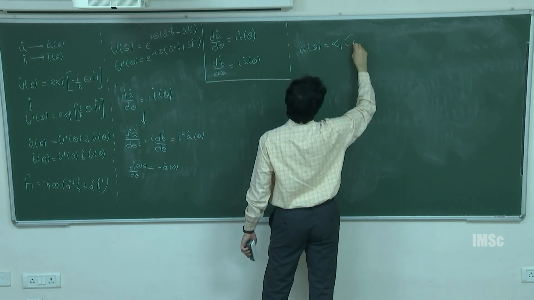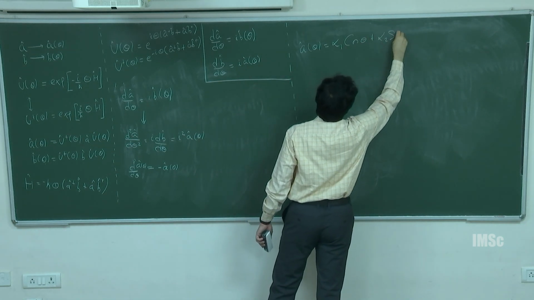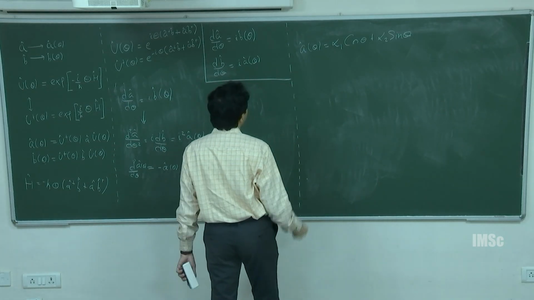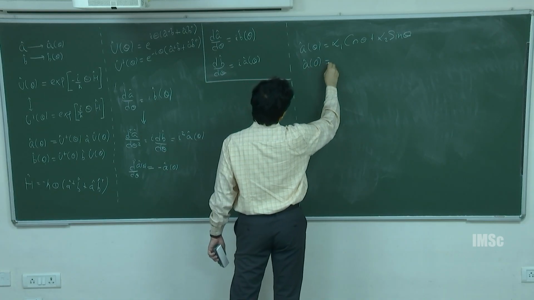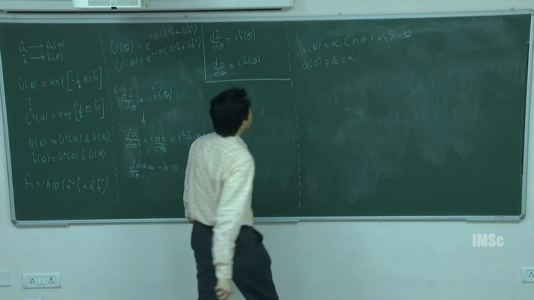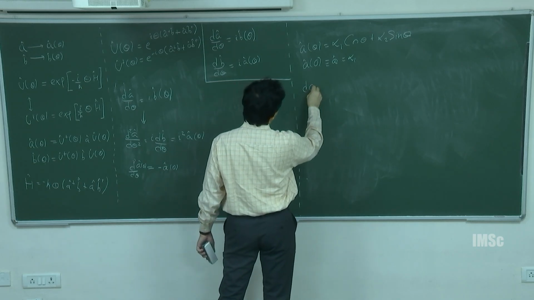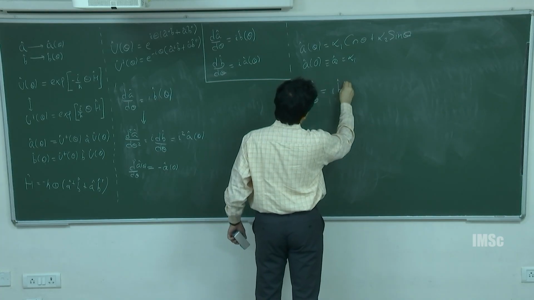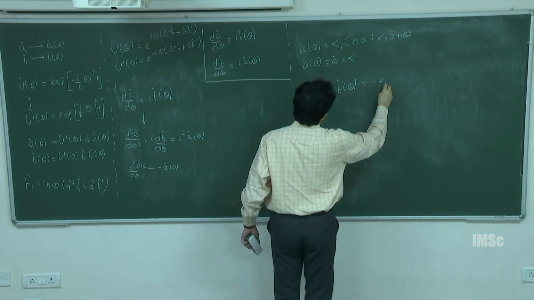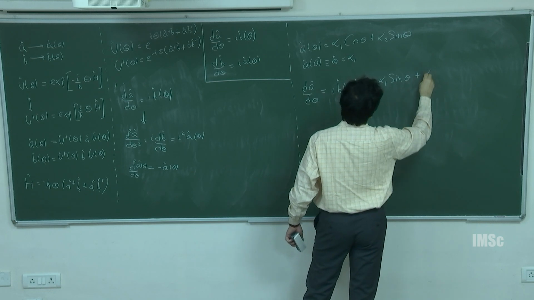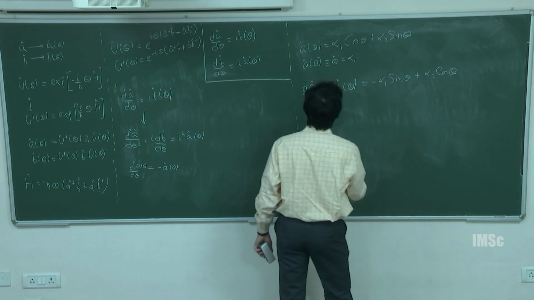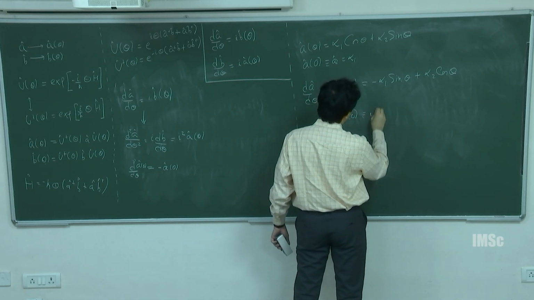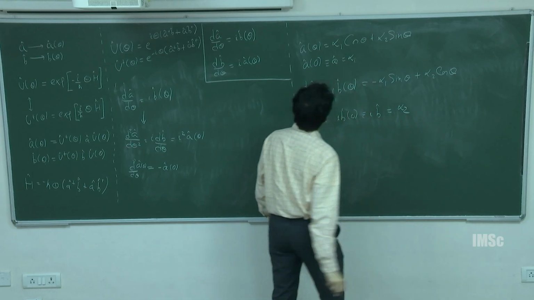alpha 1. So A of 0 is A, which is your input mode. So which is alpha 1, which is dA by d theta, so I B of 0, which is I B, is alpha 2.